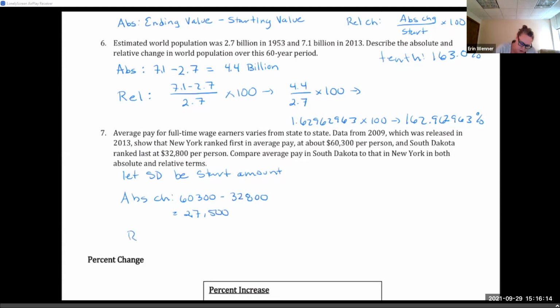The relative change is that 27,500 over our starting amount, 32,800. Then remember, we have to multiply by 100. Can't forget that step, because we want a percent.